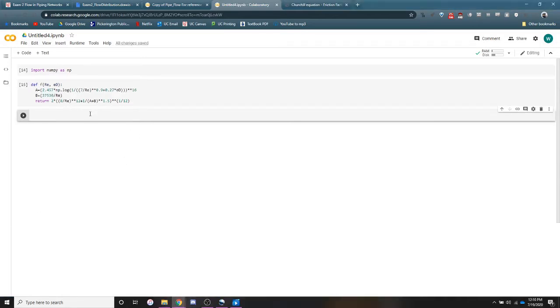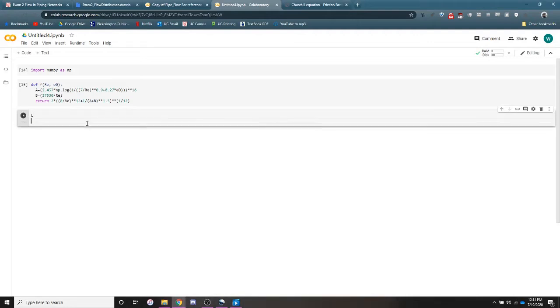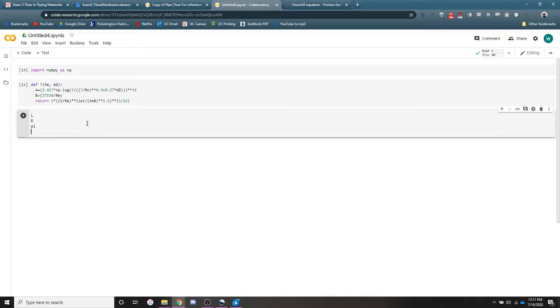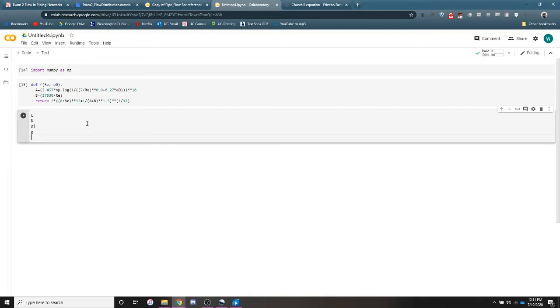The next thing we need to do is start defining some values of the pipe we're working with. That would be the length of the pipe, and the diameter of the pipe. We would also need pi and g. These are some constants that we just need.